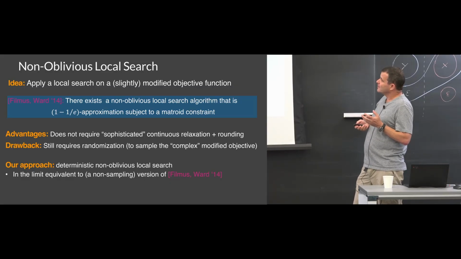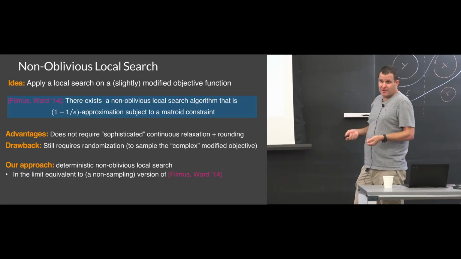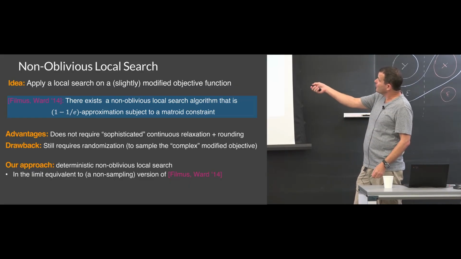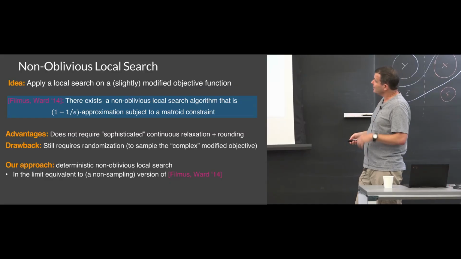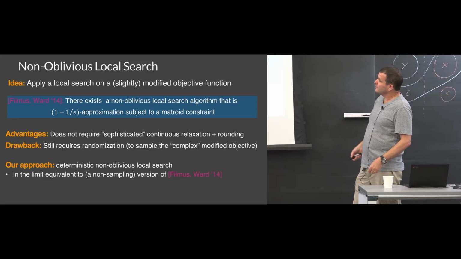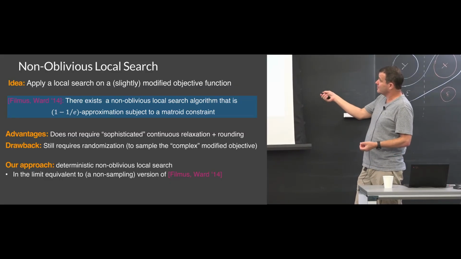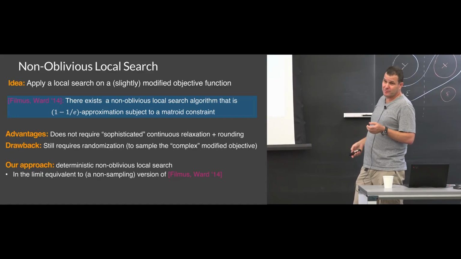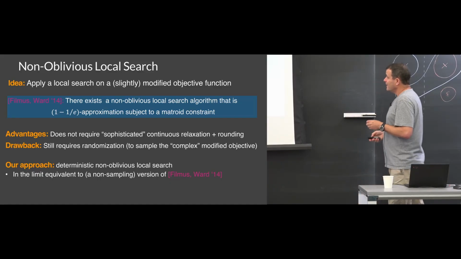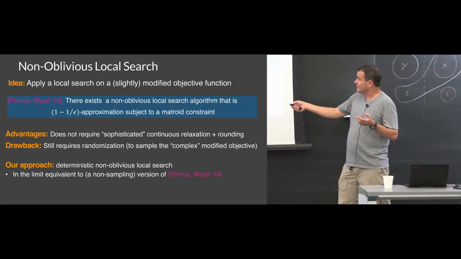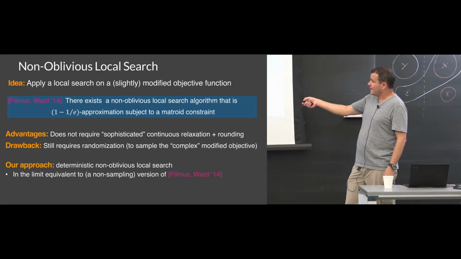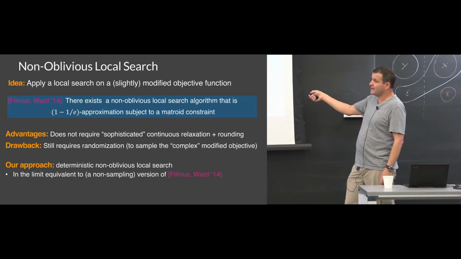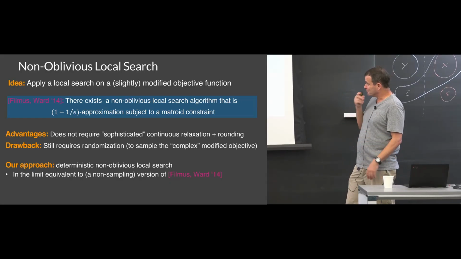What is non-oblivious local search? You apply a local search, but not on your objective, but on a slightly modified objective. And Filmus and Ward showed that there exists such a non-oblivious local search algorithm that will give you 1 minus 1 over e. So the good news is that it's really simple and does not require some sophisticated machinery that I will tell you in 10 minutes.